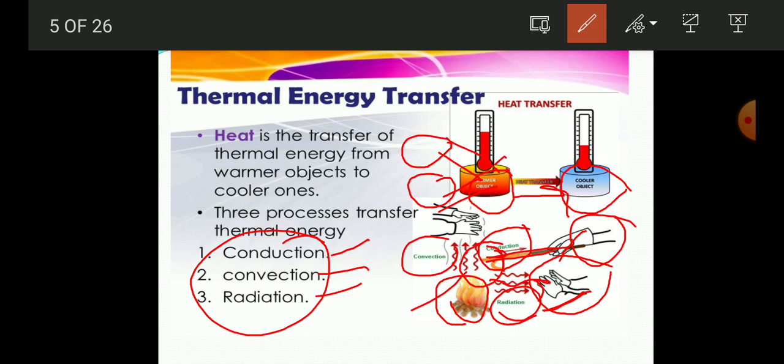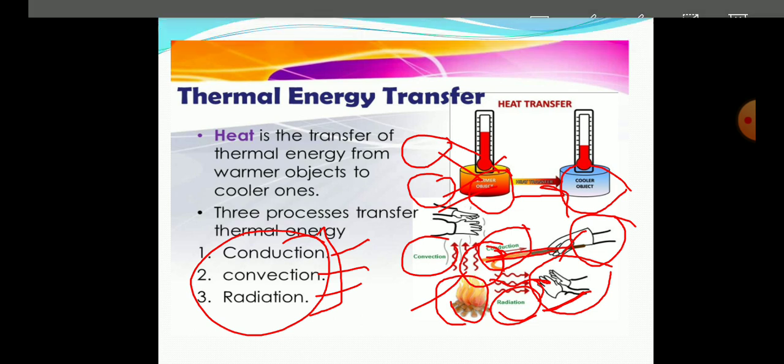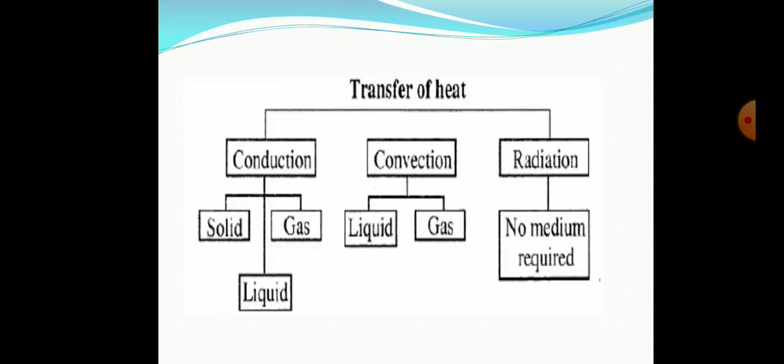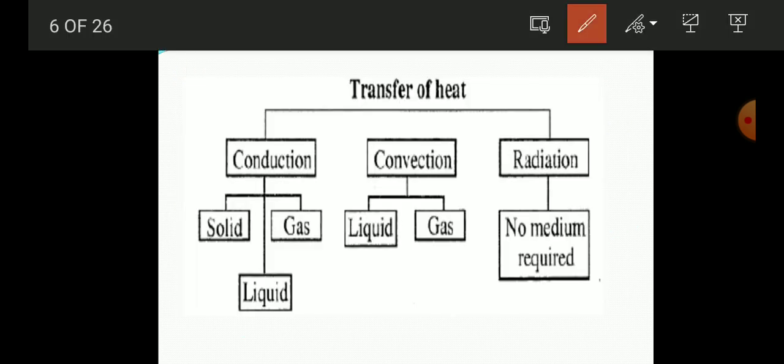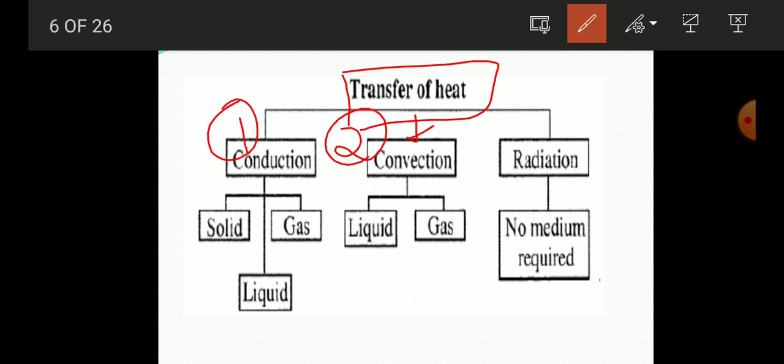So let us see all these modes of transfer of heat one by one. Here you can see a chart, transfer of heat. You all know that there are three modes of transfer of heat. The first is conduction, the second is convection, the third is radiation.